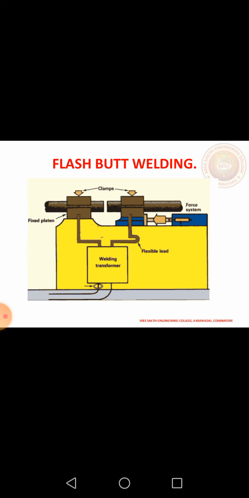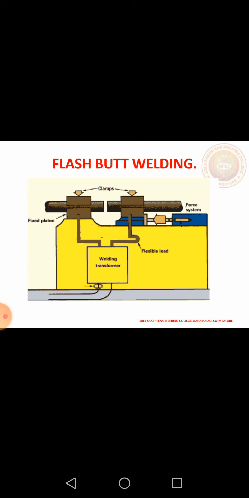Both flash and butt welding processes can be performed using alternating current or direct current, secondary current with primary input power of single phase or three phase. This is similar to butt welding, except that the parts to be welded are joined together under light pressure and heavy current is passed through the joint. Due to poor contact at the joint, when sufficient heat has been produced, the two parts are suddenly pressed together and the current is simultaneously stopped.